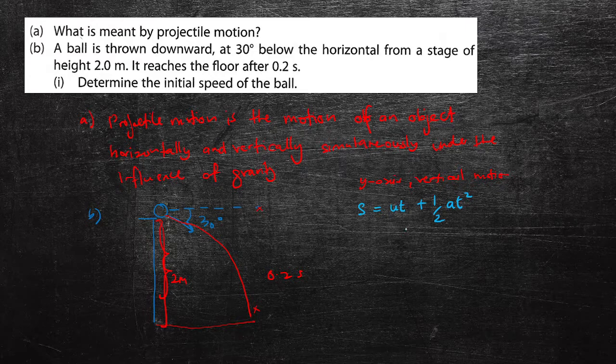In the y axis we have 2 meter. We also need u, because only the u in the y direction is used. So s is 2 meter equals u sine 30 degrees times 0.2 plus 1 over 2 times 9.81 times 0.2 squared.